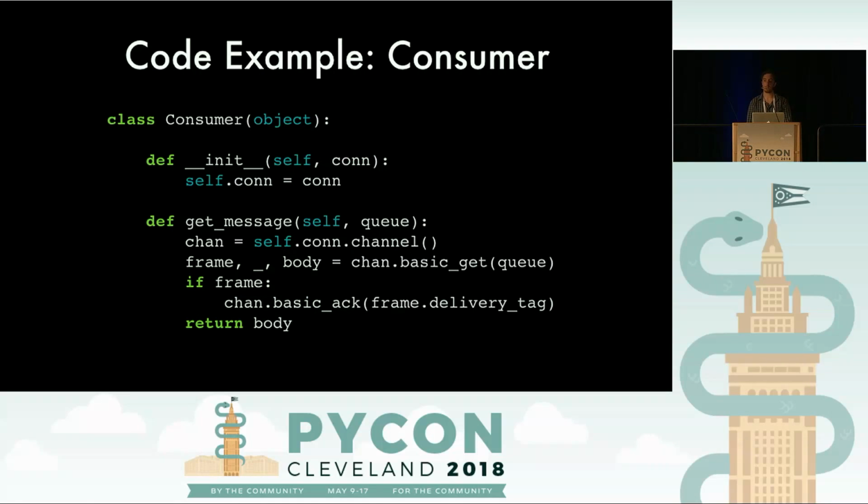But what makes RabbitMQ so reliable and powerful is its message acknowledgement feature, which you can see in the second to last line. Here, once we've successfully retrieved a message, we send an acknowledgement back to the broker that says it's okay to pop this message off the queue. If our connection is interrupted between the time we get the message, but before we acknowledge it, RabbitMQ places that message back on the queue for another consumer to read in the future.